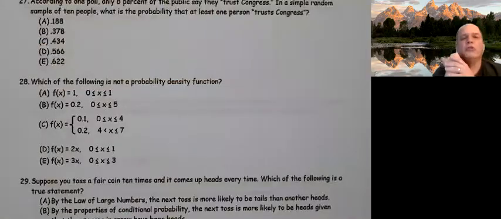Resuming recording. So this is number 28 of the death packet. It says, which of the following is not a probability density function? Well, to be a probability density function, all the probabilities must be between 0 and 1 inclusive, and they must sum up to one whole.